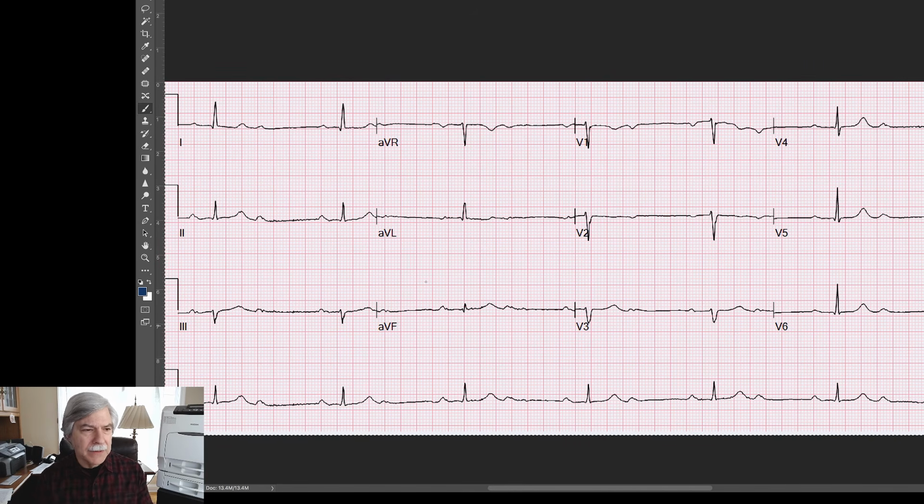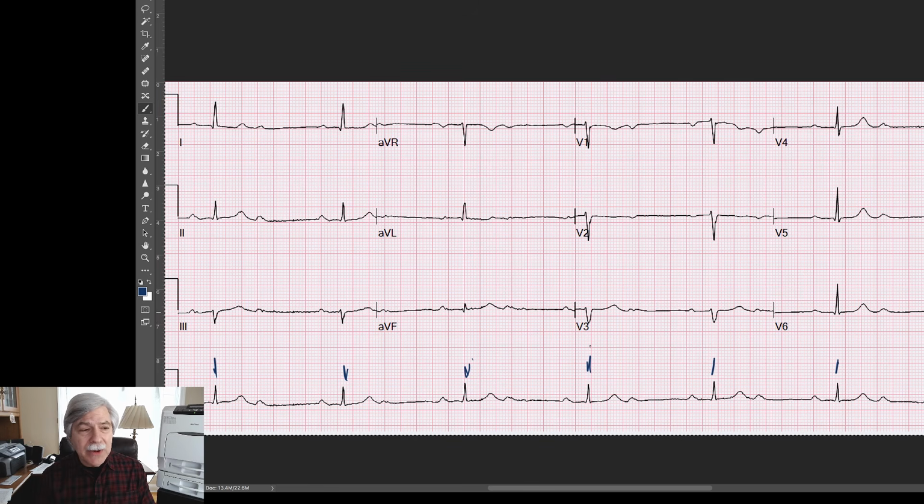Okay, so you see these QRSs are pretty regular and very slow. And when you see bradycardia, there's one of two things that's happening, right? It's either sinus node failure or AV block. And what you need to do is look at the P waves really carefully and figure out what the sinus node is doing.